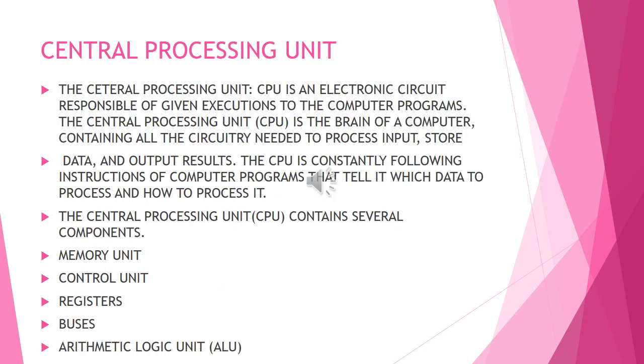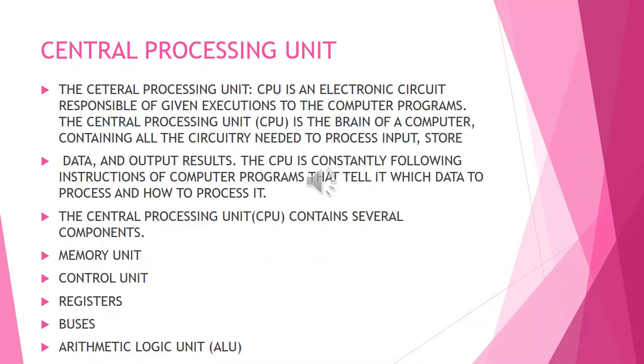So we are now on the fifth slide, which is known as the Central Processing Unit, called the CPU. It is an electronic circuit responsible for the execution of instructions of computer programs.